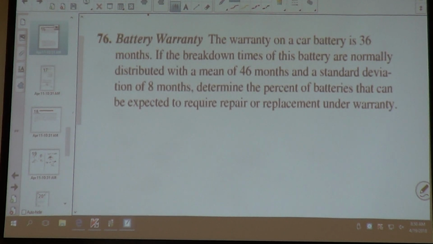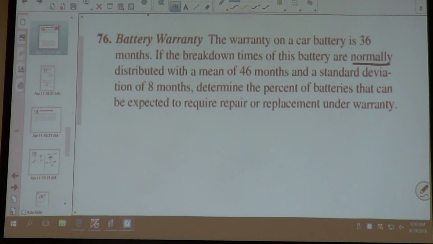They do statistical analysis to pick out those numbers, okay? Because they don't want to give away free batteries. So if the batteries break down at 40 months, then they're going to give them 46, or if the batteries break down at 50 months, they're going to give it a 46-month. They don't want to give away free batteries.